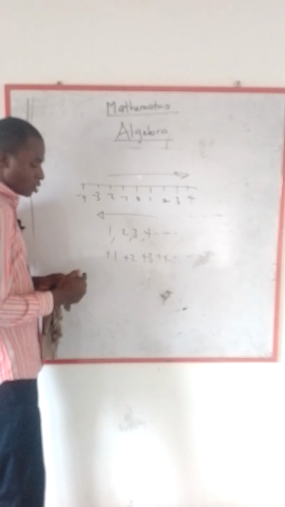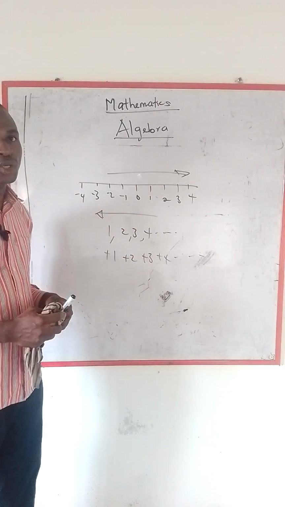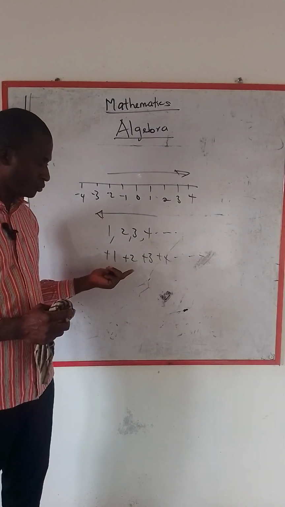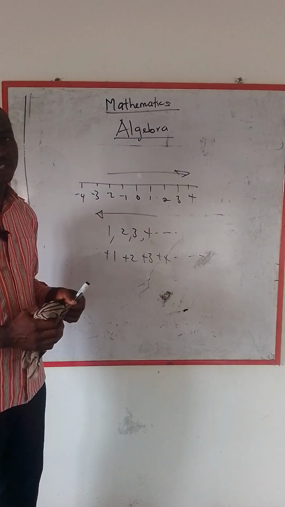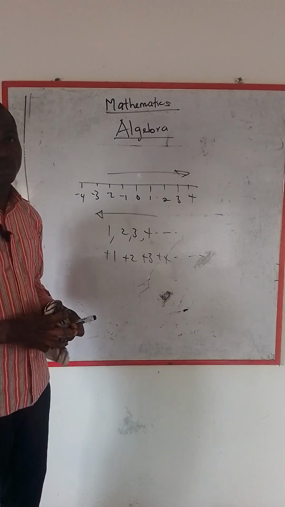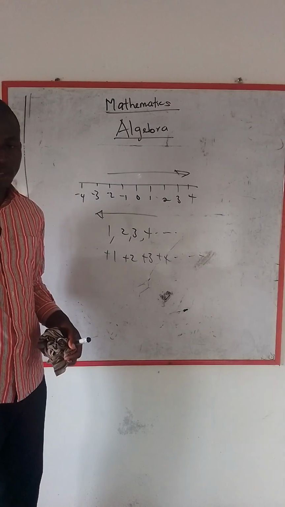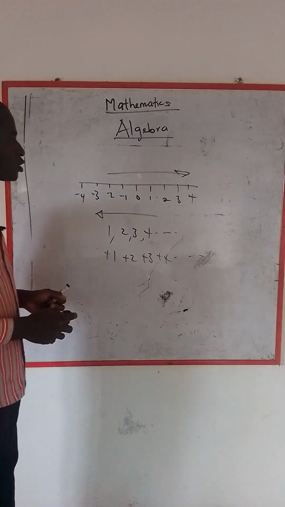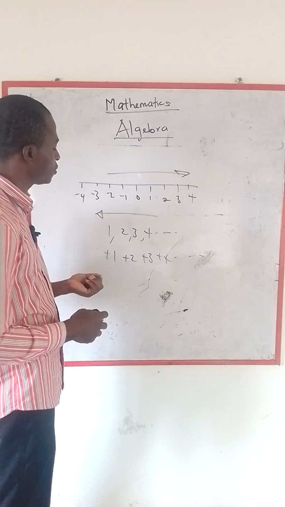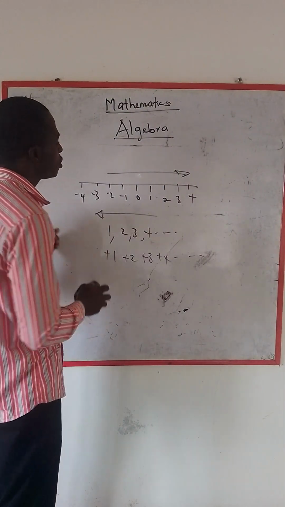So in a nutshell, when you see that a number does not carry any sign in front of it, it is carrying an invisible plus. You don't need anybody to tell you that. That is how it is. You don't wait for anybody to tell you that this one is plus 1, this one is plus 2. This is exactly what you must know.